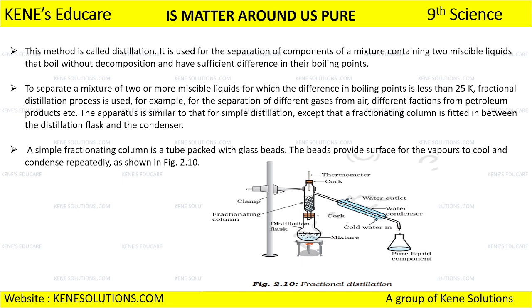So that is the reason we have this fractionating column added in fractional distillation. Because we add the fractionating column over here, that is why it has been named fractional distillation.